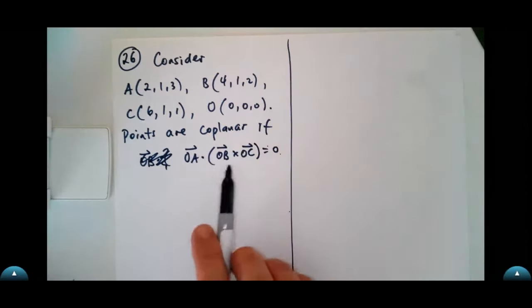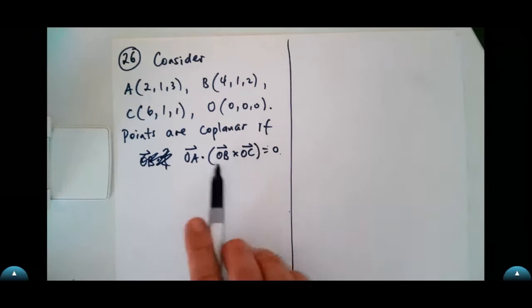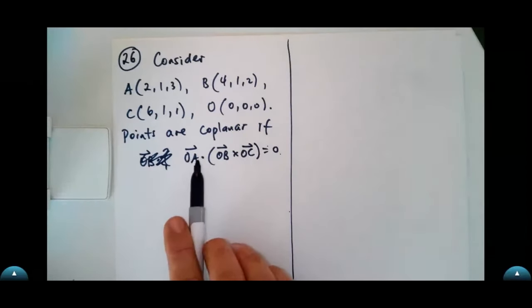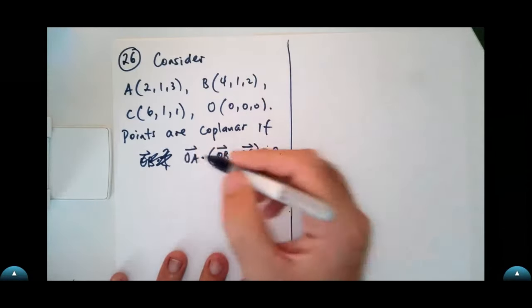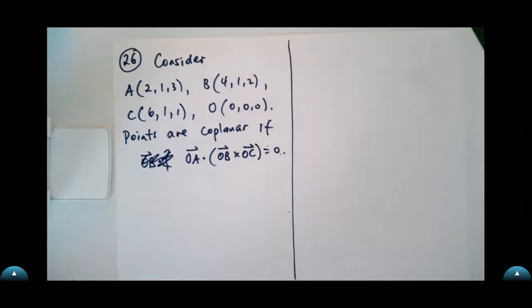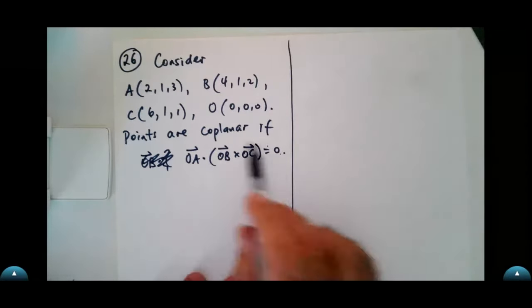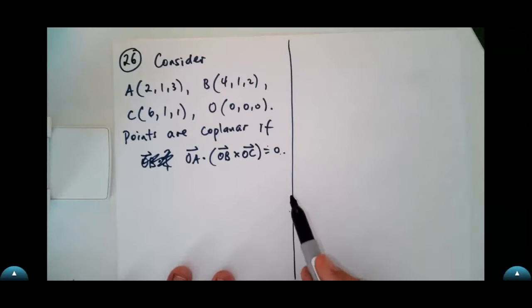Basically you've got a cross product and then you take the dot product. Now if you take the absolute value of this, it gives you the volume for this parallelepiped or this box, right? But we're actually wanting to show that it's 0.